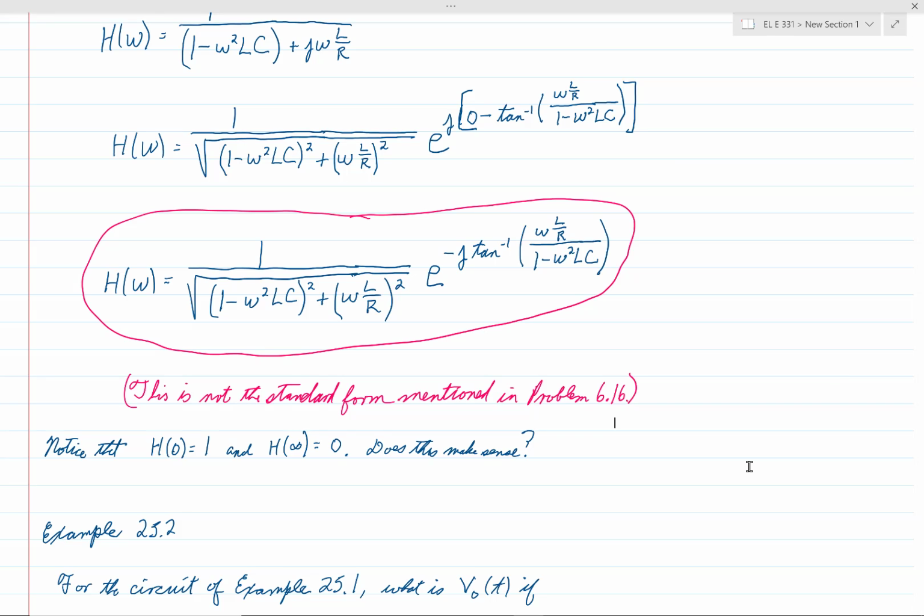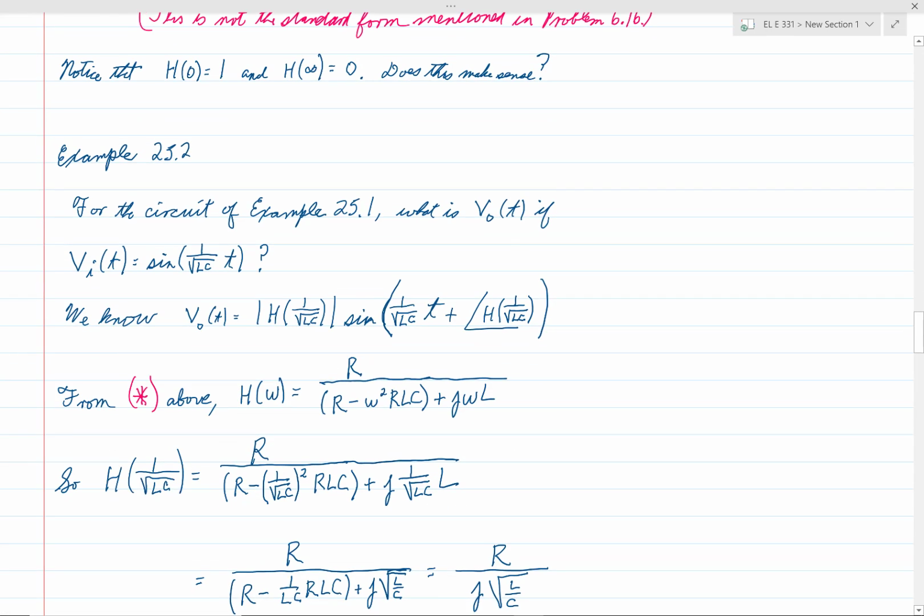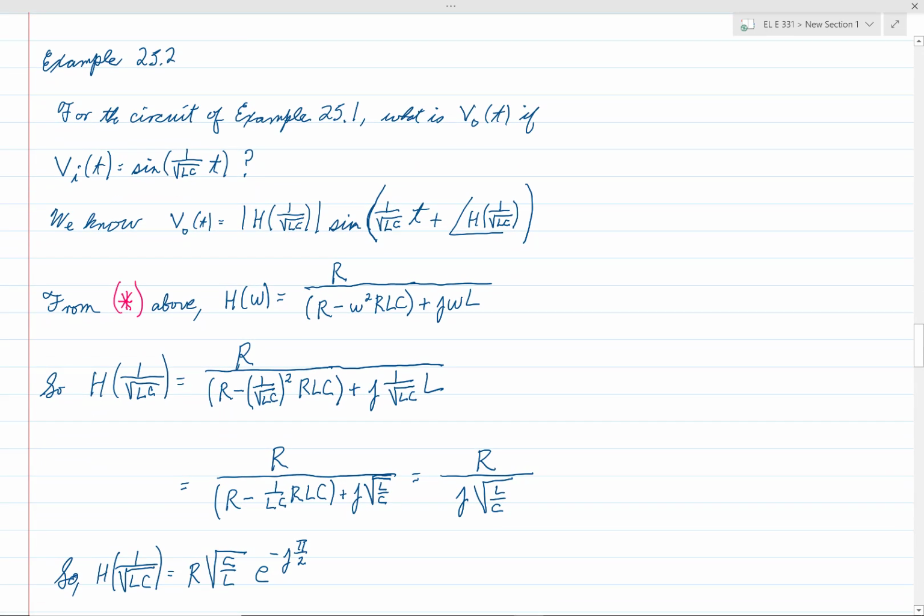So the last thing we want to do in example 25.2 is we're still looking at this same circuit, but we say we want to find VO of t if VI of t is the sine of 1 over square root of LC t. In other words, we're looking at a sinusoid with a frequency equal to 1 over the square root of LC.